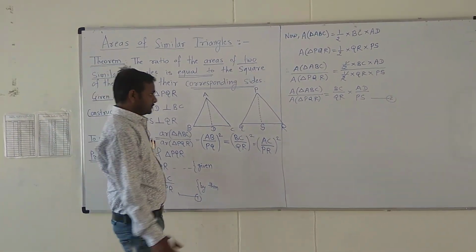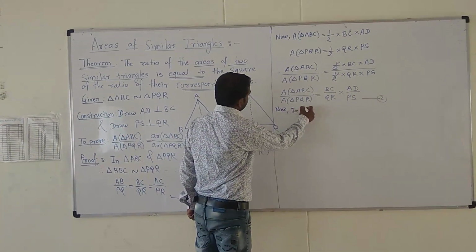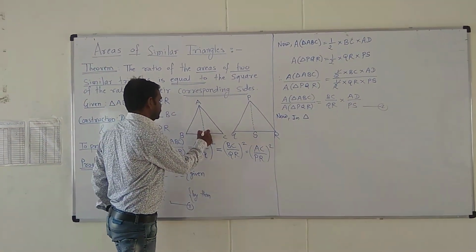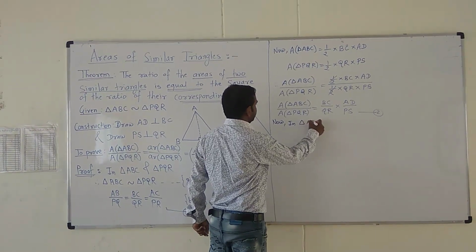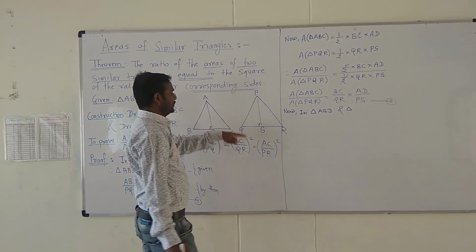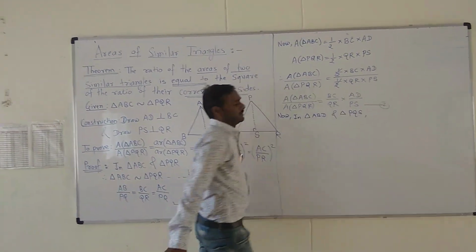So now we take triangle ABD and triangle PQS.